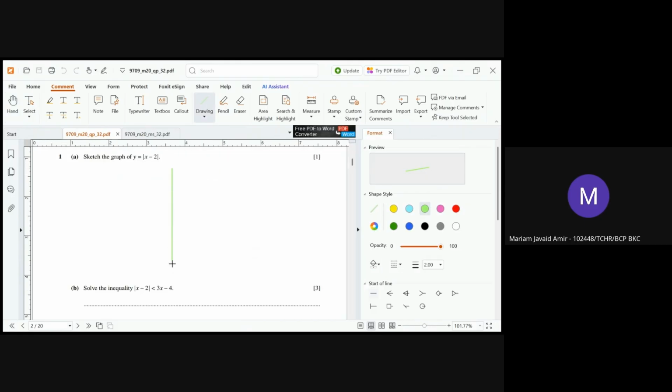So you need to make a proper x-axis and y-axis, and label them x and y.